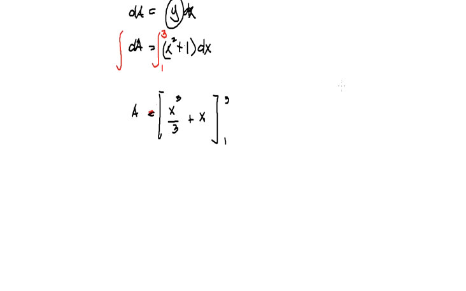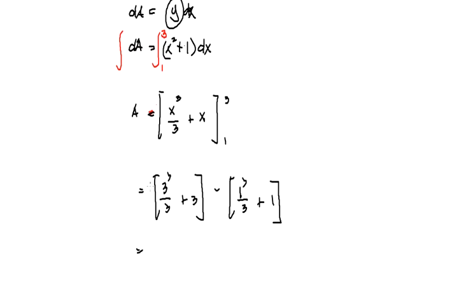Then our next step here is to substitute the values of our limits, upper limit minus the lower limit. So we have 3 cubed all over 3 plus 3, minus the lower limit, 1 cubed all over 3 plus 1.